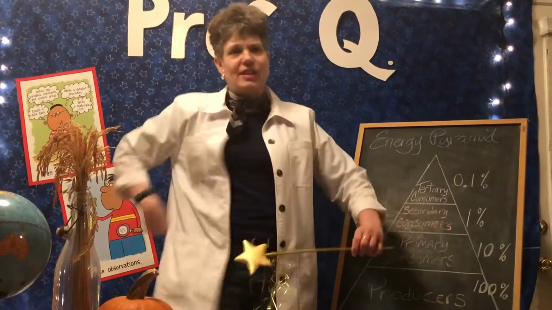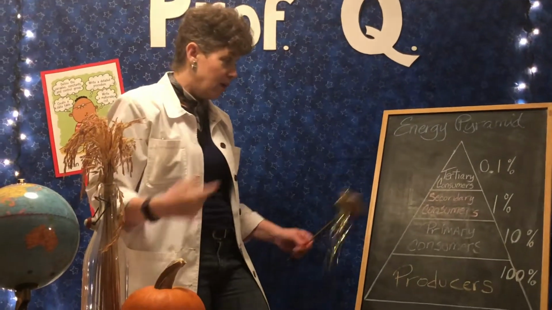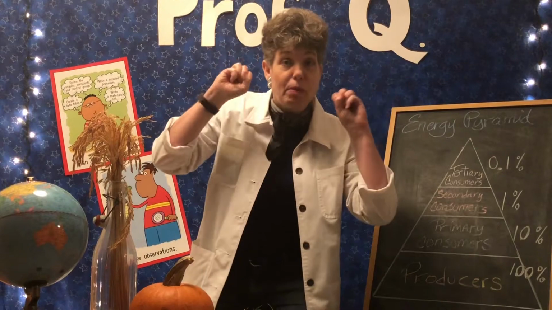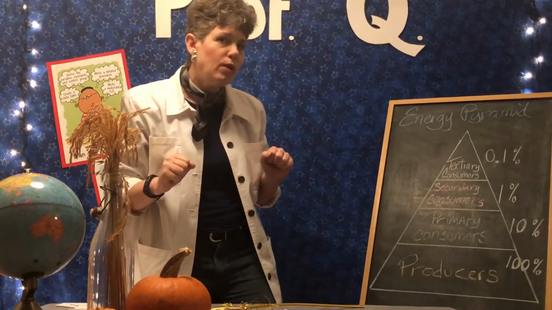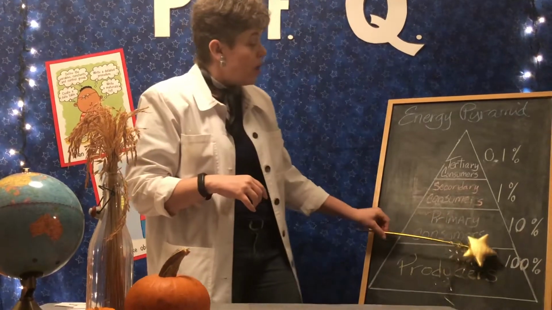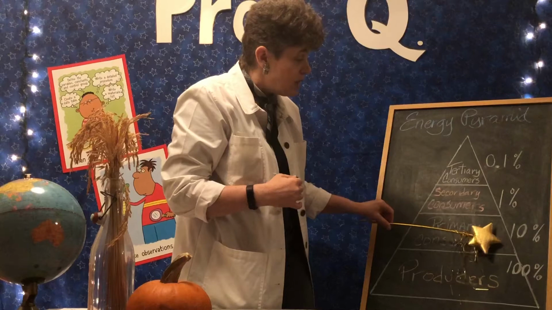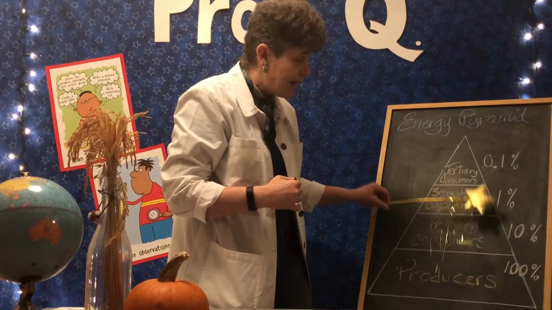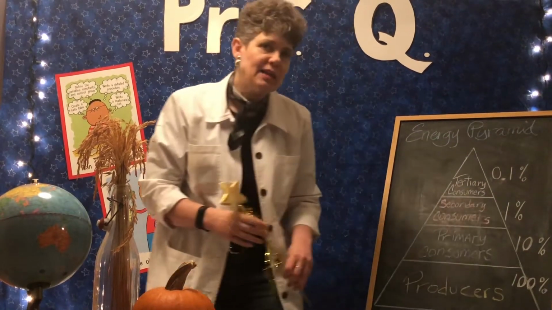Okay, that's all nice and good, Professor Q, but what does that mean for me and you? Well, that means that actually it's a 10% rule. Say that, 10% rule. That's correct. As energy flows from one level to the next, 10% of energy is transferred to the next level.